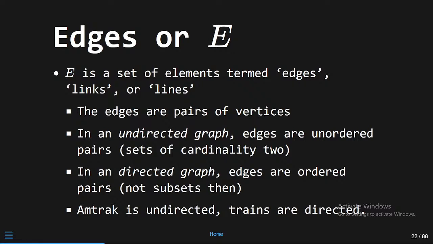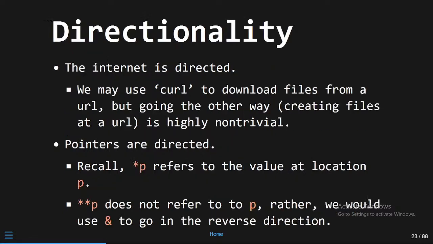A directed graph is a set of elements, those are the vertices, and a set of sets of elements, because the ordered pairs are sets of elements, and so a set of ordered pairs is a set of sets. And so a graph is a set of sets. And that's recursion. Let's do a little bit of directionality.